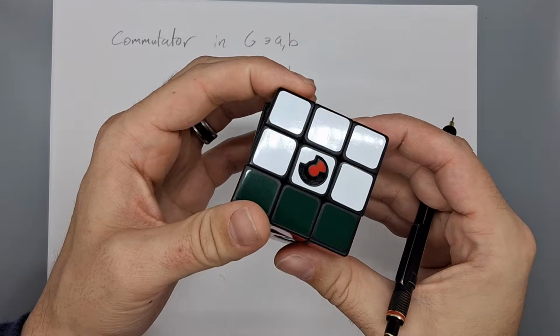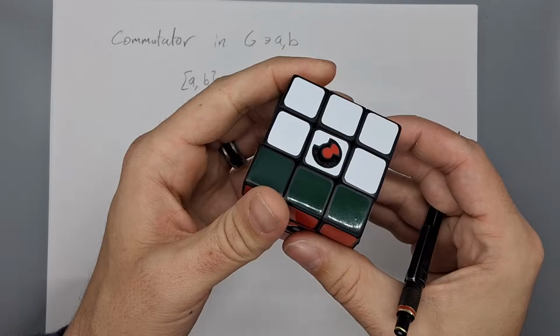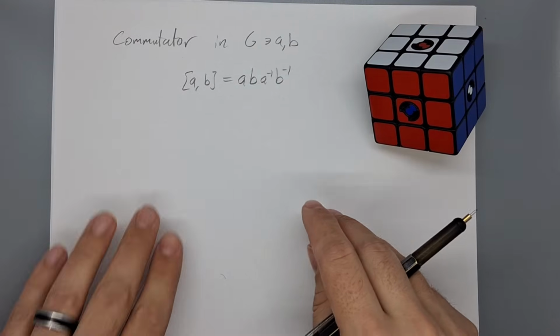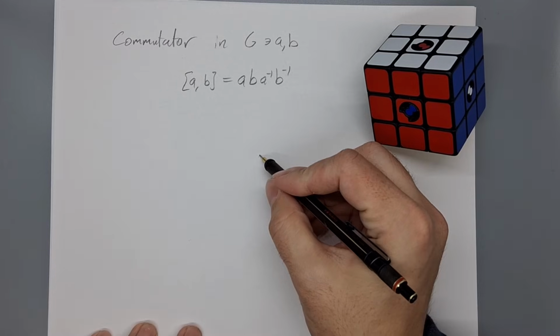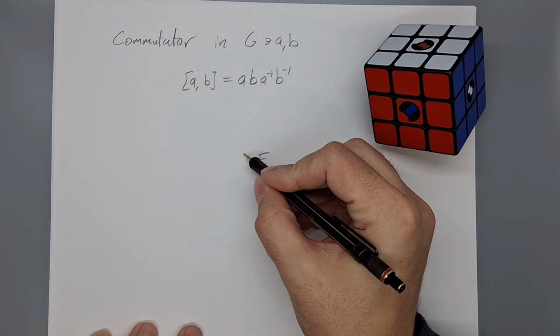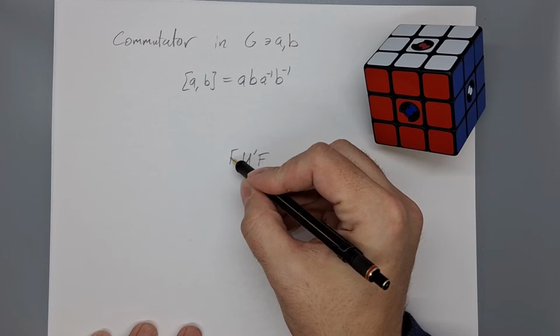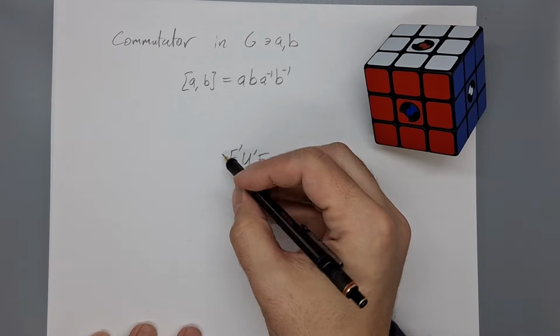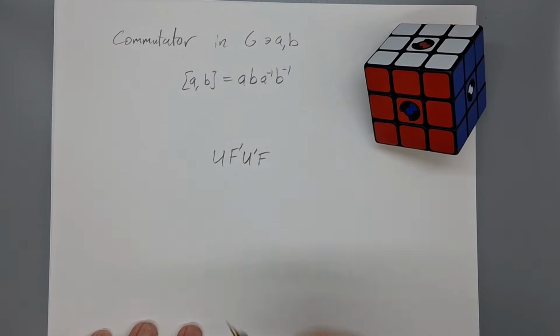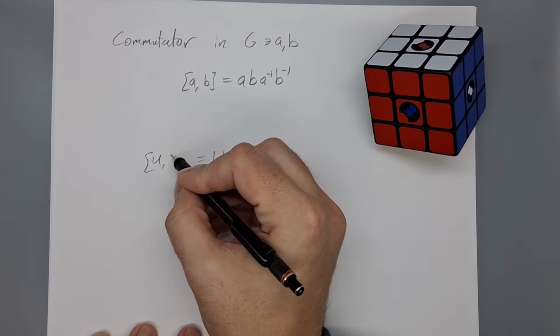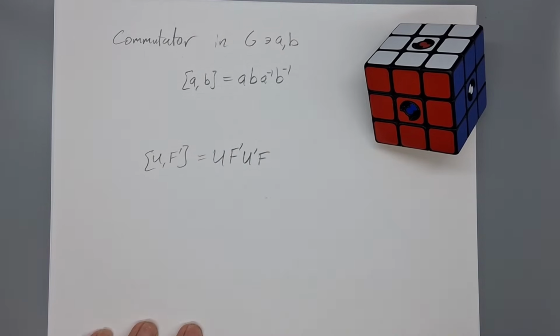I can't actually do clockwise if I start off with clockwise. So one of the things that I can do is front clockwise, up counterclockwise, front counterclockwise, and then up clockwise. I have a commutator with U and F prime.